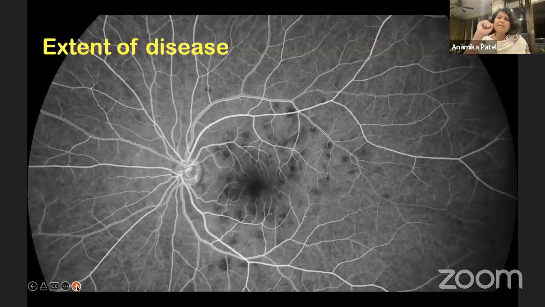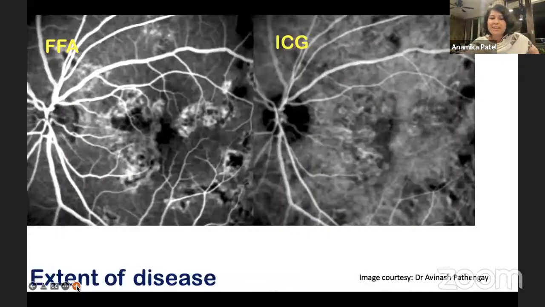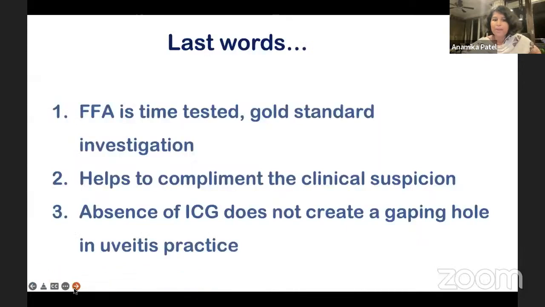So Anup, if you are still thinking that I see hypos on my ICG, let me show you this comparative image here, that this FFA shows you your hypos and this ICG also shows you the hypo. Maybe you can just count maybe 3 or 4 extra hypos. But having said that, do you feel that you are going to change your diagnosis or the treatment approach to the patients when you see something like this only on FFA?